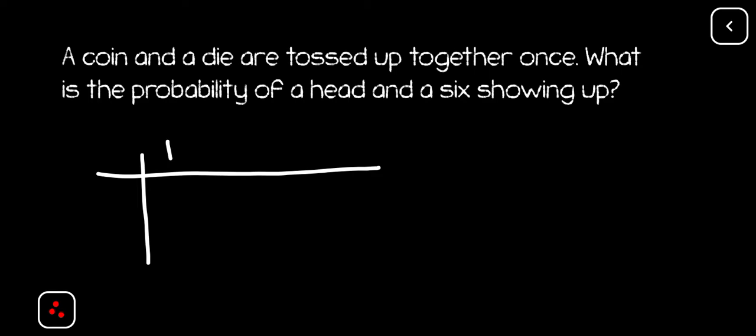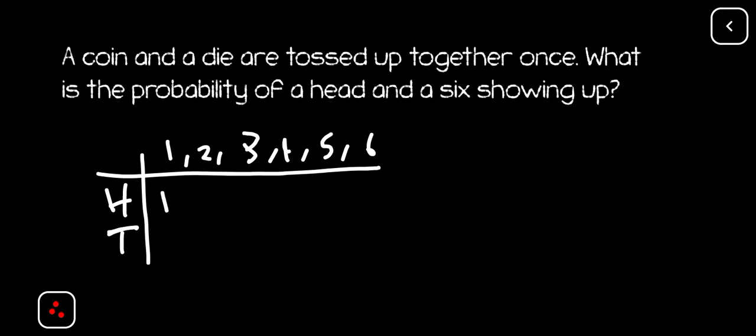So we have the sample space of a die, 1, 2, 3, 4, 5, and 6, and a coin, head and tail. So when you toss these two objects together, there's a possibility that it could land with head and a 1 for the die. It could land with head and a 2, and head and a 3, head and a 4, head and a 5, head and a 6, something like that.